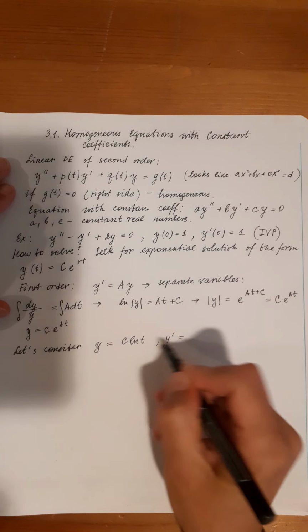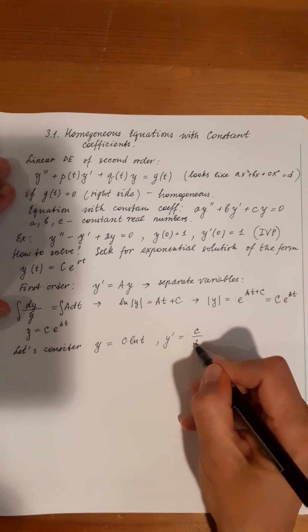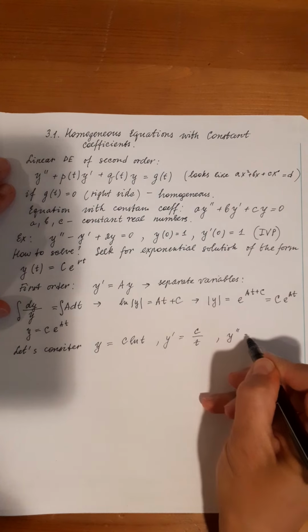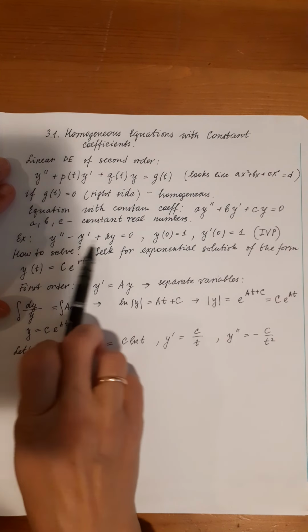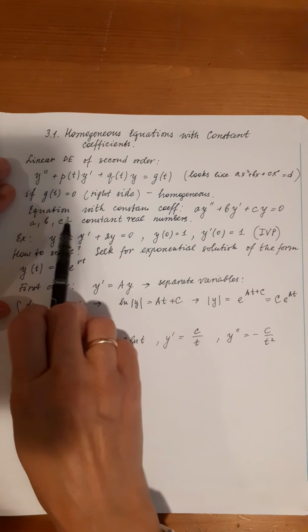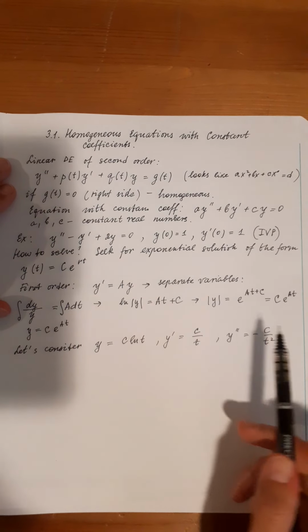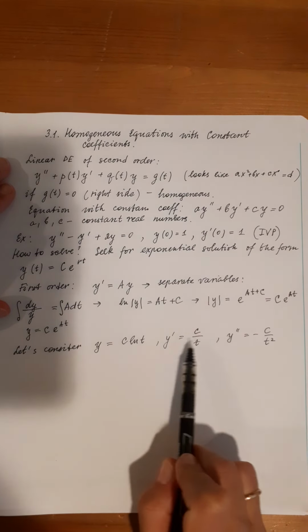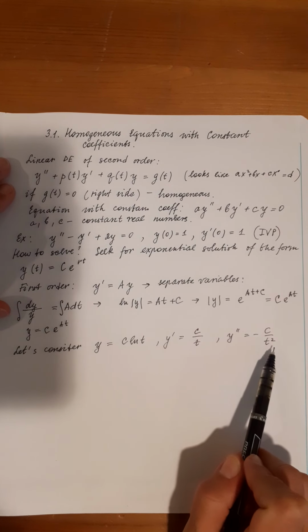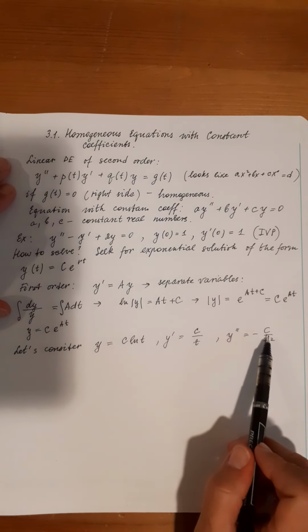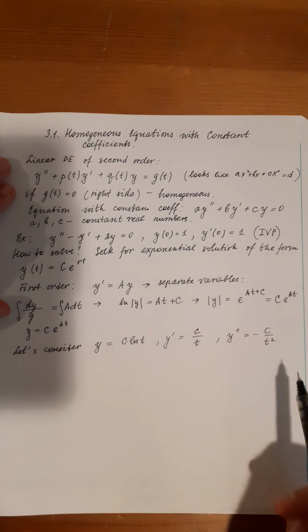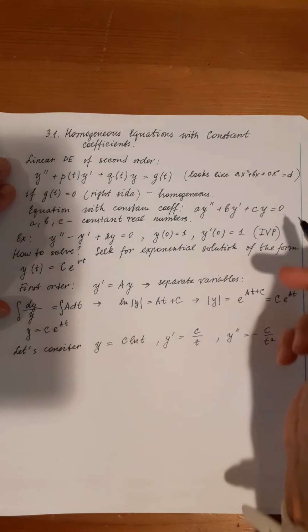The first derivative is going to be what? C over t. And the second derivative is going to be minus c over t squared. If you plug everything into an equation like this, or even a more general equation with coefficients a, b, c, you're going to see that you're going to deal with three separate functions. And there is no way to find a constant or variation of constants which is going to turn it into 0.